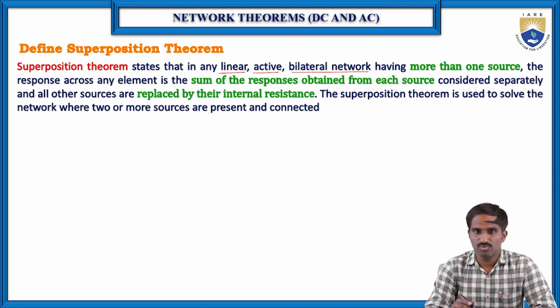If it is a voltage source, it is replaced by a short circuit, and a current source is replaced by an open circuit. In that way you will get the response across that element in the three cases by considering the three sources independently.